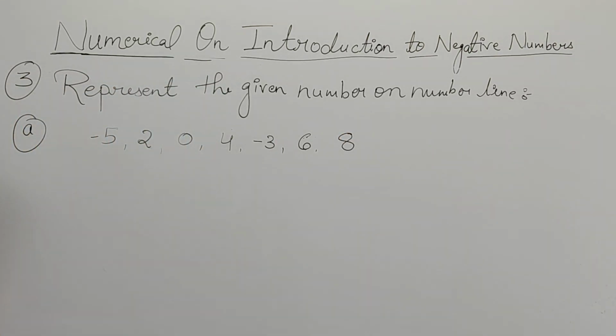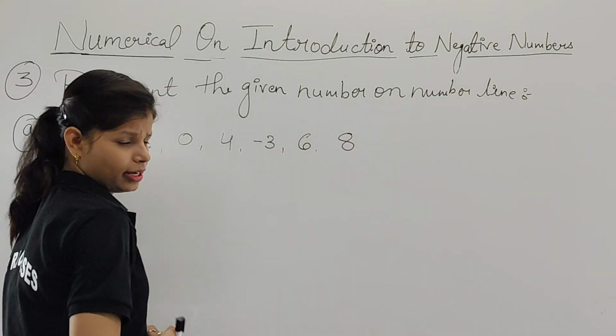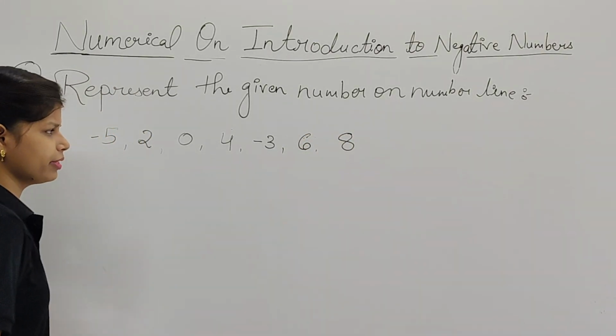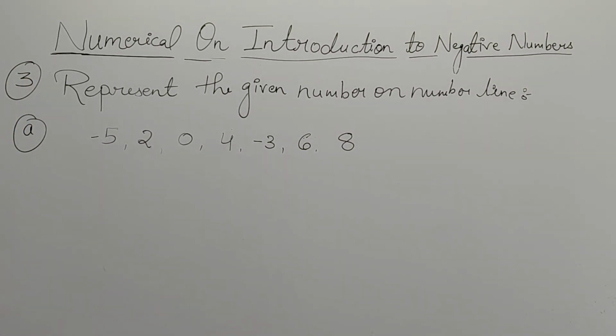Clear now, children? Few numbers only I have taken. You can see in your questions long numbers are given. Anyhow, we are going to manage with these numbers only, where we are going to include all the numbers.